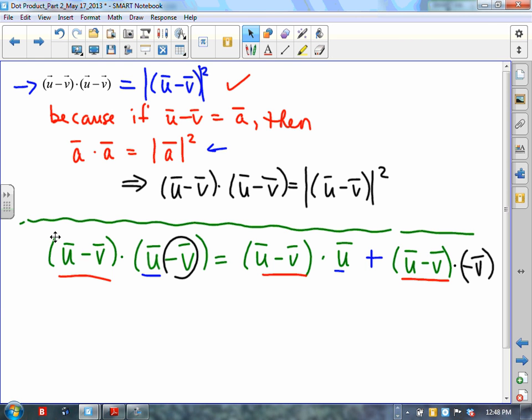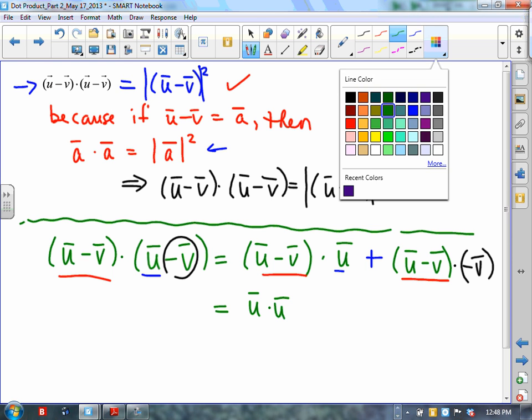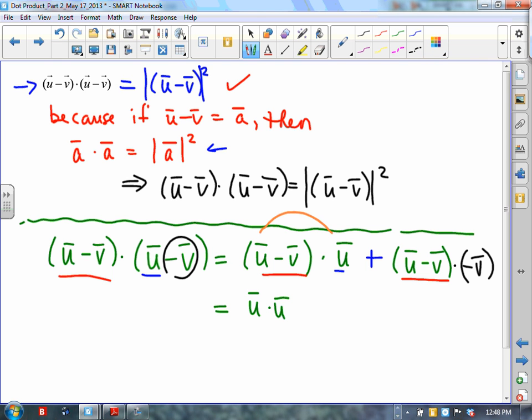Then moving forward on that, we can then apply the distributive property once more. Okay, so in this case, we're going to be looking at u dot u. So again, let me try to highlight here a little bit more. So it's taking this vector here and distributing it over that one there. Of course, the operation is not multiplication, it's the dot product, which we see here.